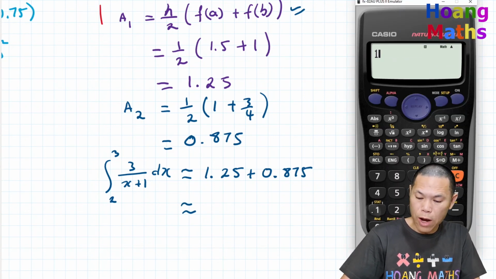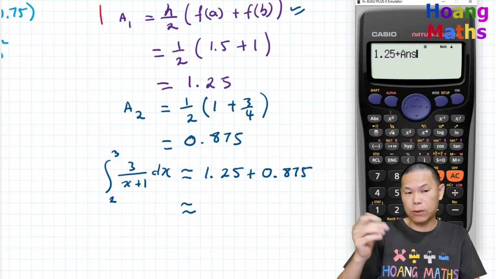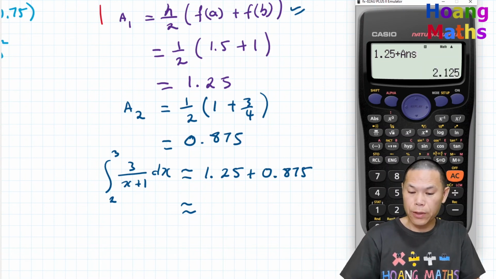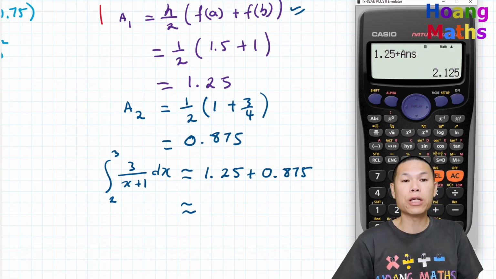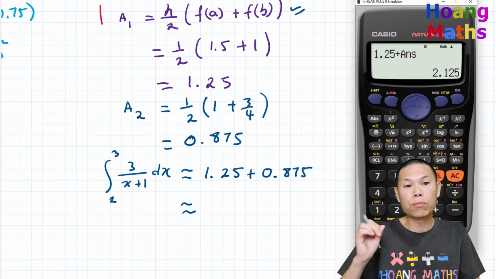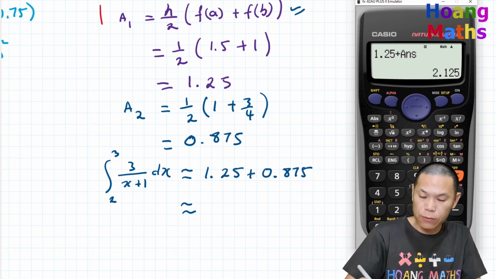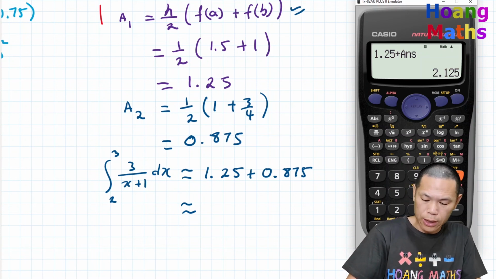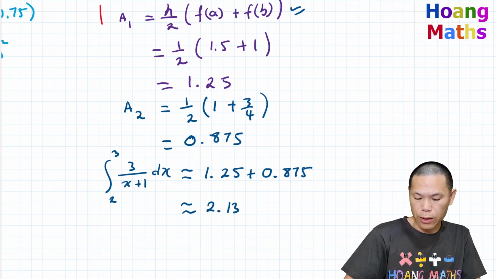I just go 1.25, we add the answer because the last one we did was 0.875. So there you go. So just round to 2 decimal places. So approximately 2.13. Okay, because it's 5, it's from halfway onward, we add 1 to 2. So the answer is 2.13 square units.